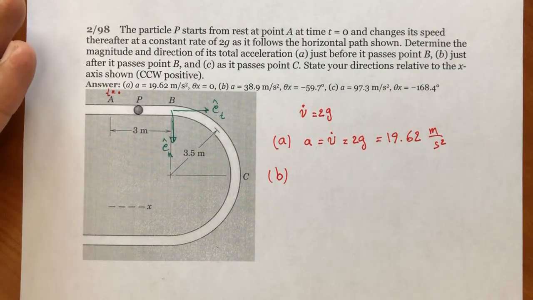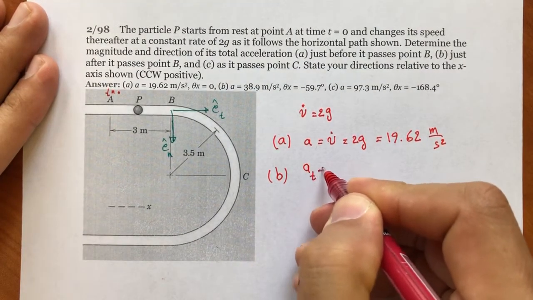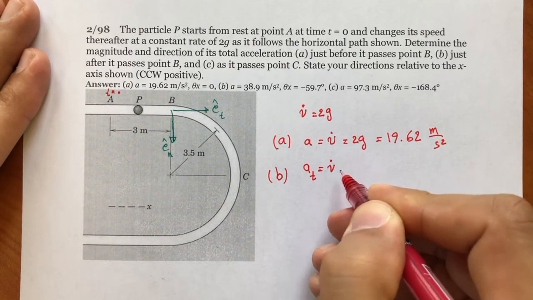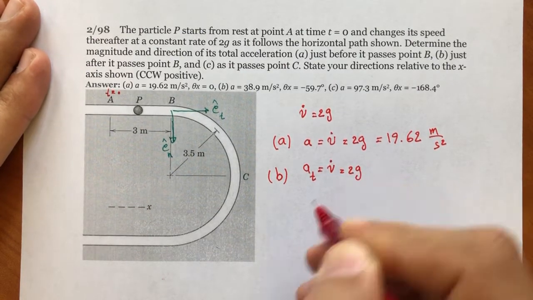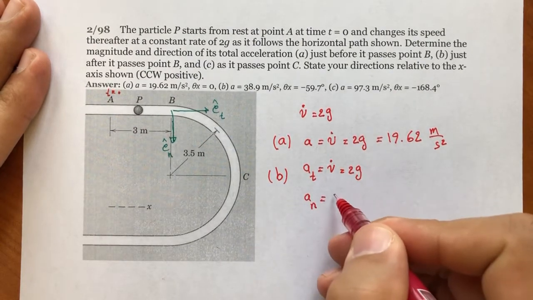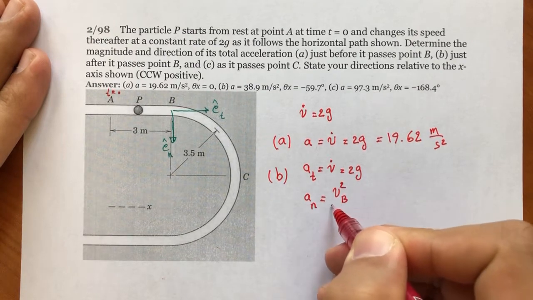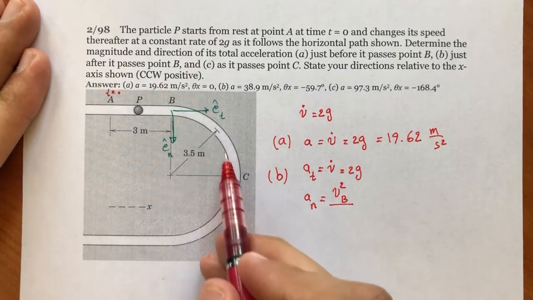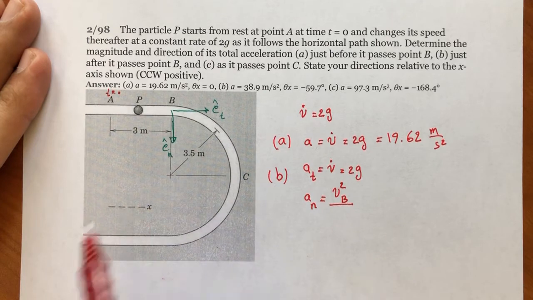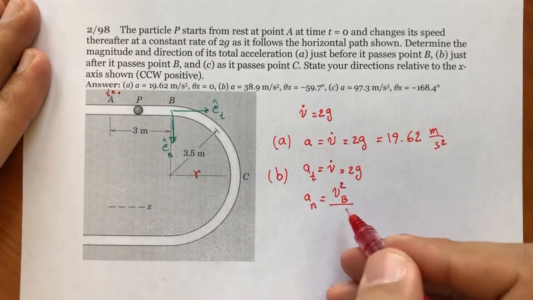So acceleration has two components. Acceleration in the tangential direction is always equal to v dot, which is equal to 2g here. And acceleration in the normal direction is equal to velocity at b squared divided by the radius of curvature. And for a circle, the radius of curvature is the radius of the circle.